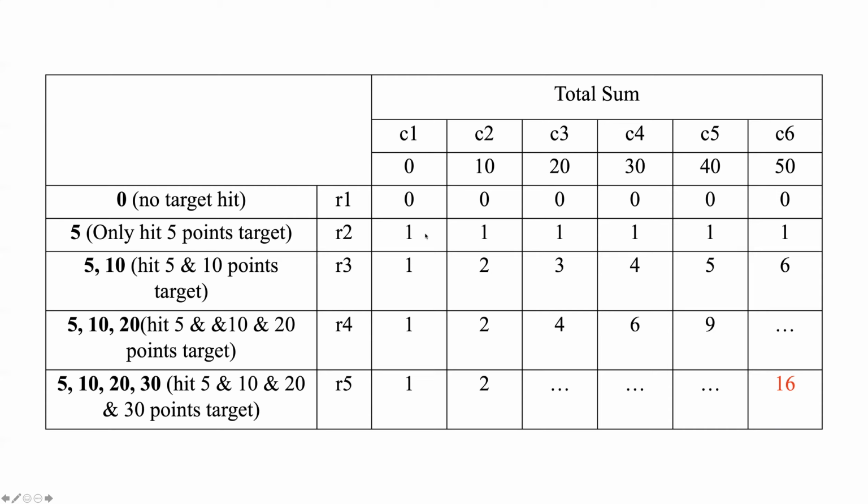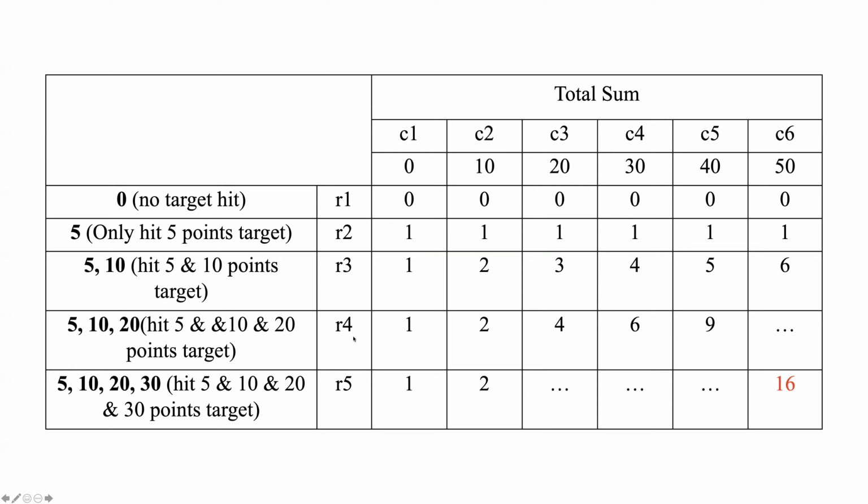And checking the second row, the index is 1, which means by hitting the 5 points target, there is 1 way to achieve the 10 points goal. And checking the third row, the index is 2, which means by hitting the 5 points target and 10 points target, there are 2 ways to achieve the 10 points goal.